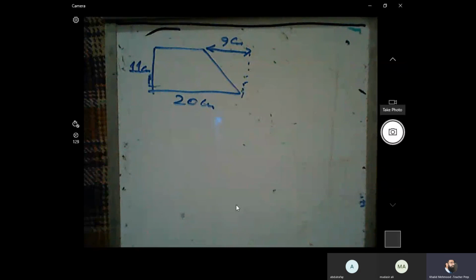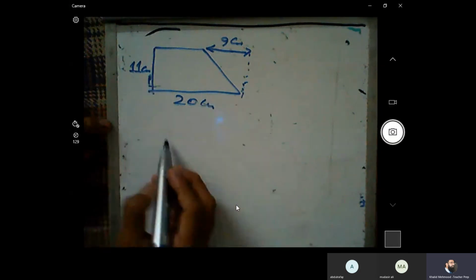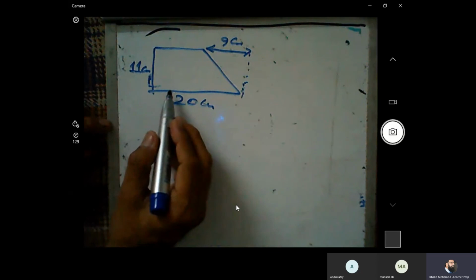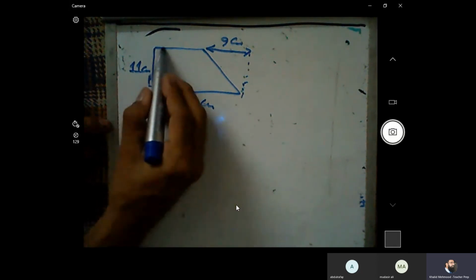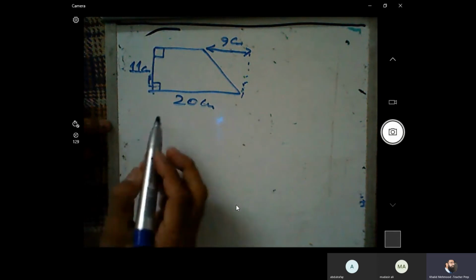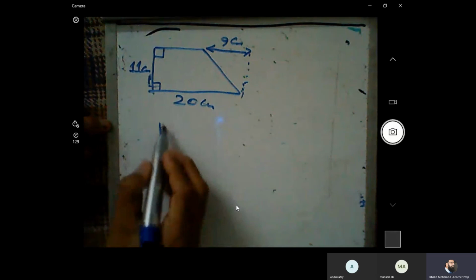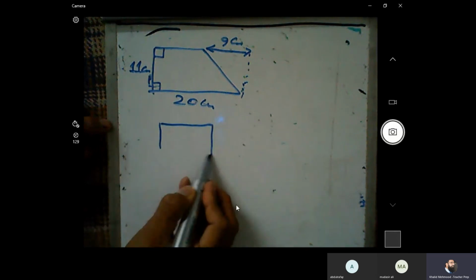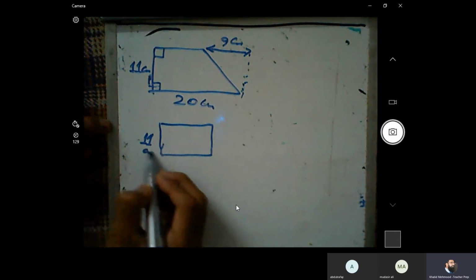Now in this shape, you can see that this is a trapezium-like shape. The word trapezium is used for this type of shape, but this is the topic of next year, so we will not take this name here. Right now we'll say that this is a rectangle and this is 11 centimeter.